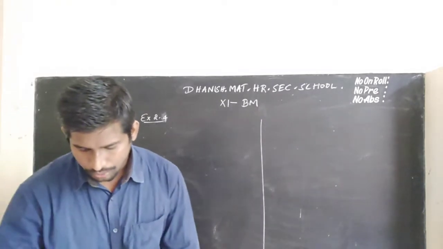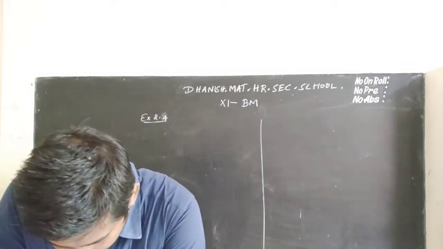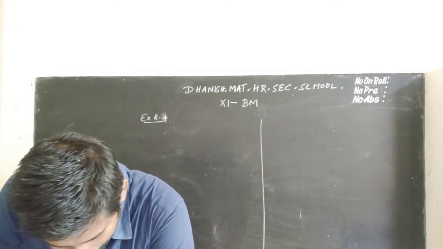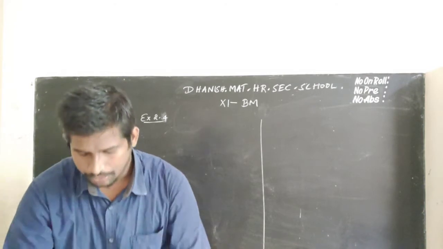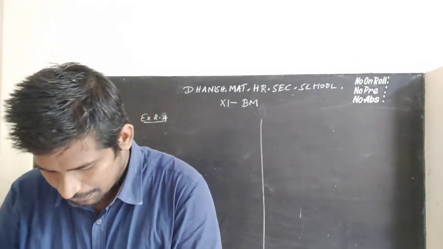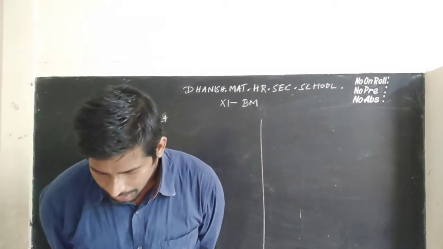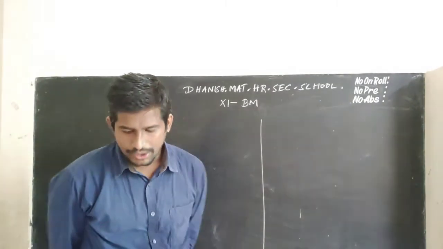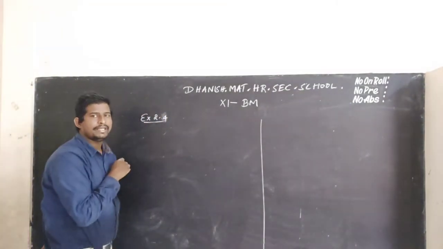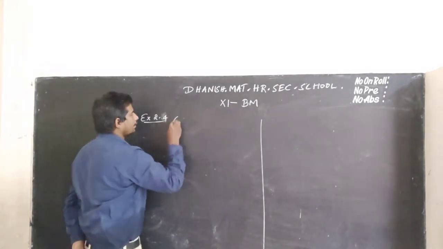Example 2.4. Find the values of A, B and C if x by x minus 1 into x plus 1 whole square equal to A by x minus 1 plus B by x plus 1 plus C by x plus 1 whole square. We are going to find A, B and C for that. What's given?